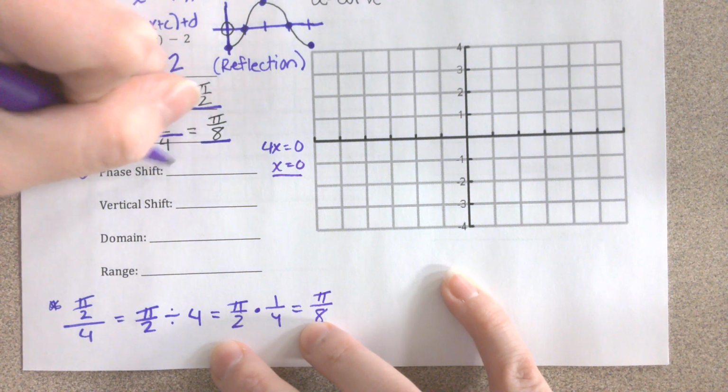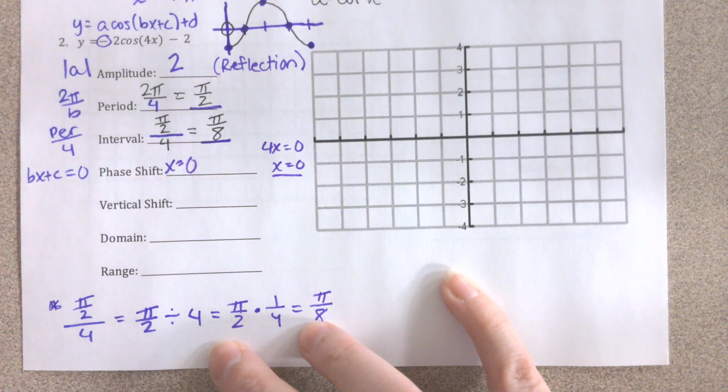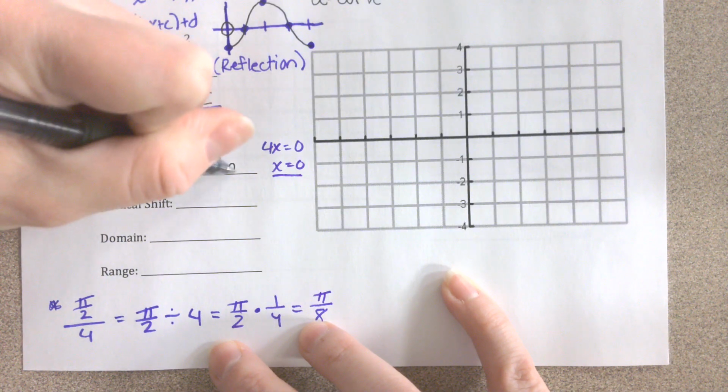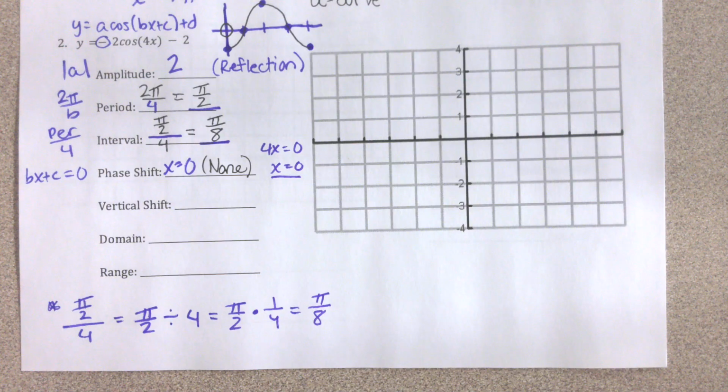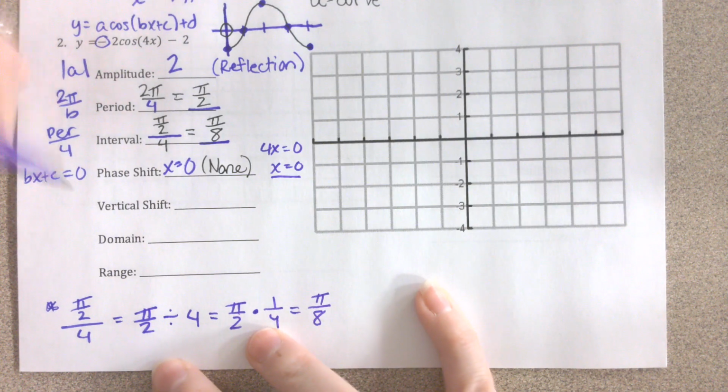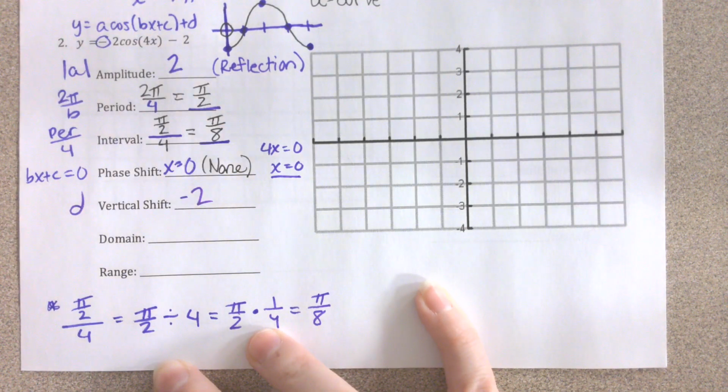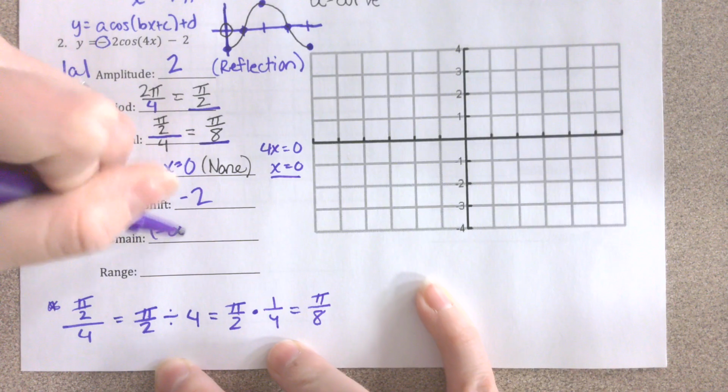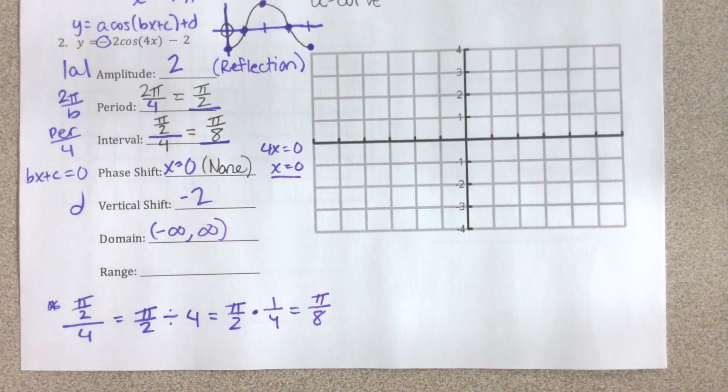So you can either write x equals 0, or you can write none. Because if this is what you get, that means there is no shift left or right. It stays where it's at. Vertical shift at the end, our d value is -2. Domain, always the infinities. Range will be determined later.